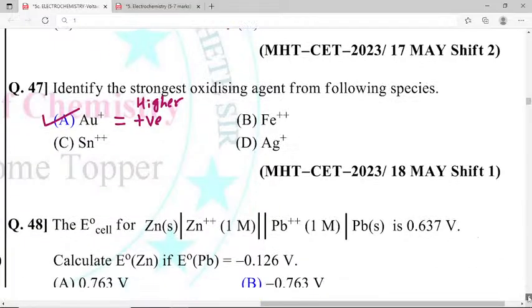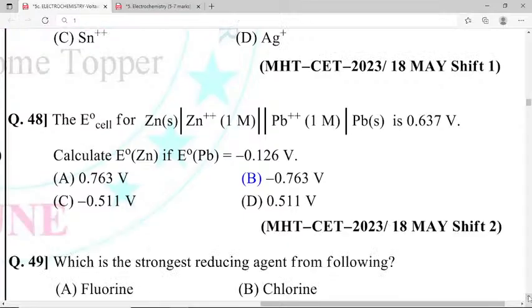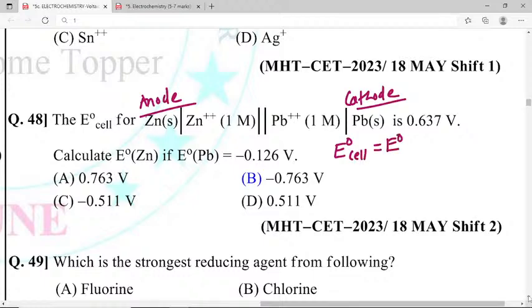Next question. The E naught cell for zinc and lead is given. Calculate the E naught of zinc. So zinc is the anode, lead is the cathode. The formula: E naught cell is equal to E naught cathode minus E naught anode.